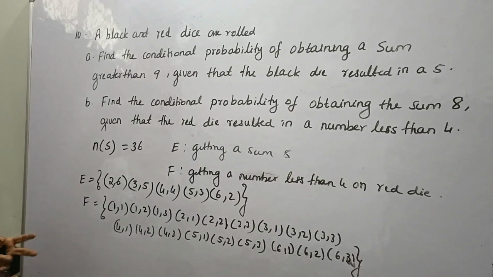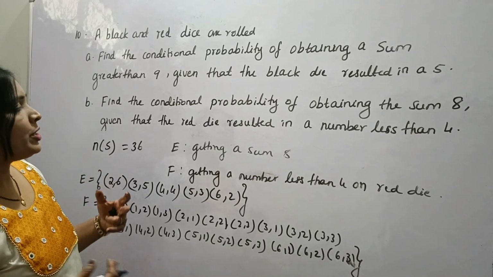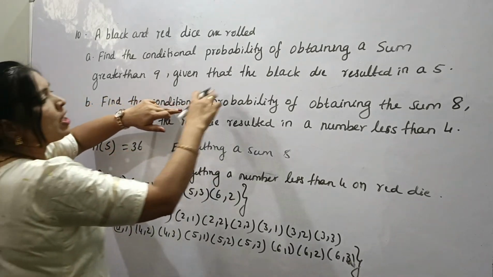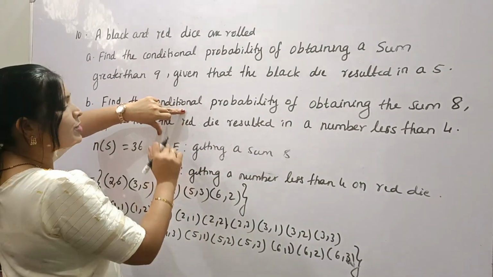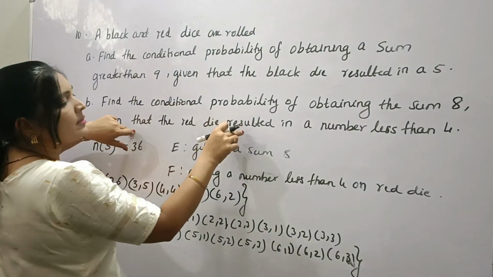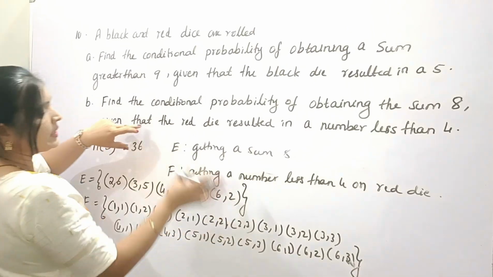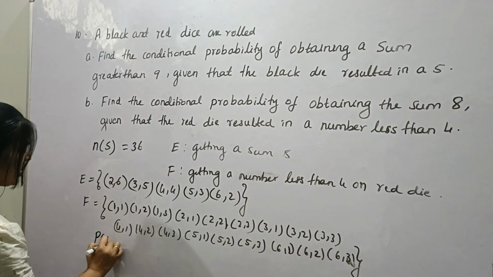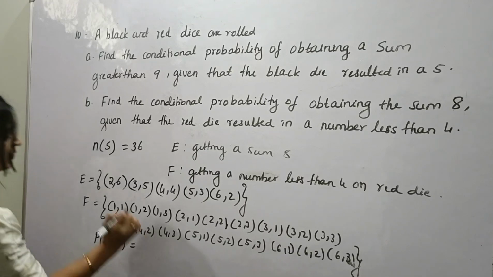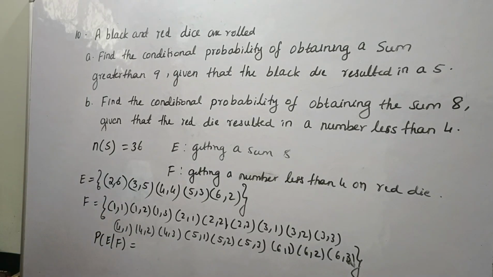Now we have to find the conditional probability of obtaining the sum 8, that is event E, given that the red die resulted in a number less than 4, that is probability of E given F. What is the intersection?